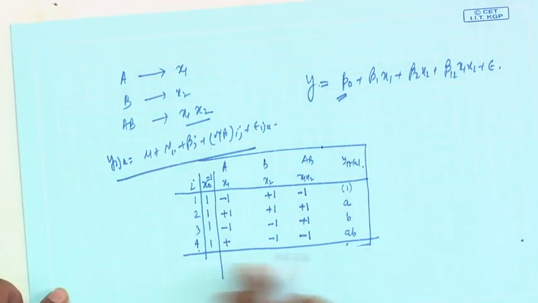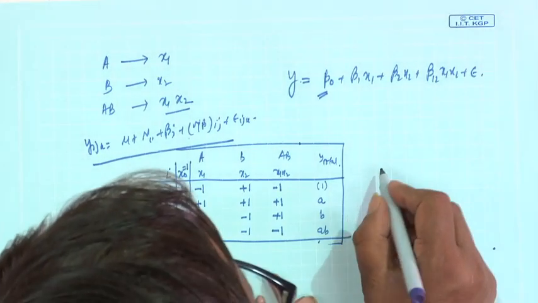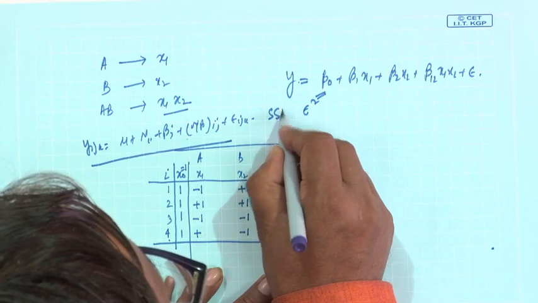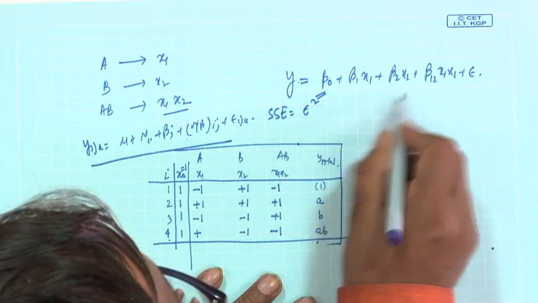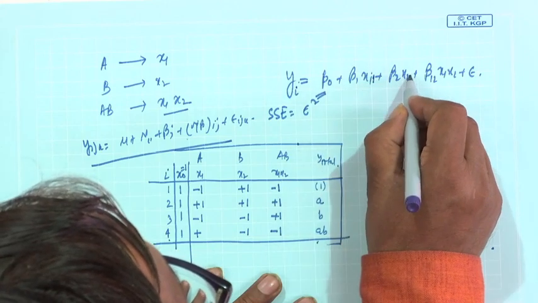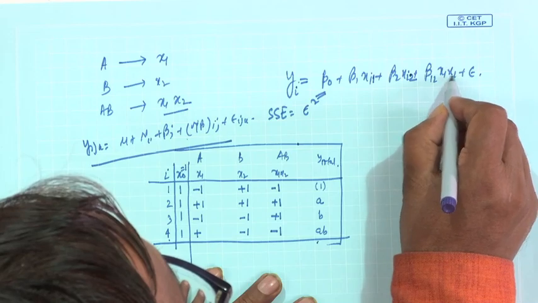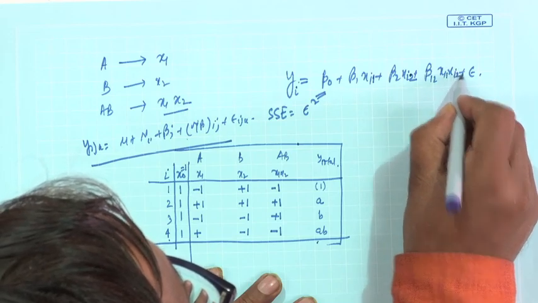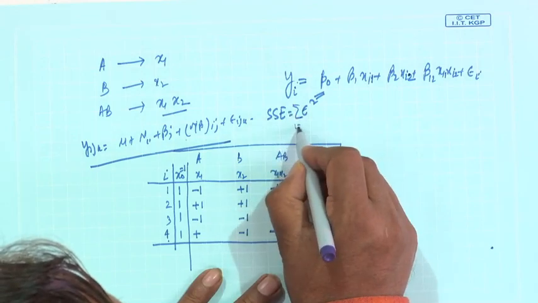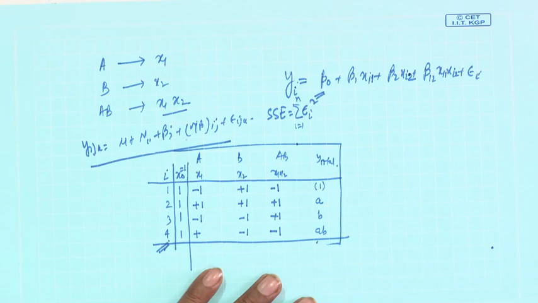Okay. Then you find out SSE, which will be the sum of epsilon squared. Here epsilon_i is indexed by i, so SSE will be the sum from i equal to 1 to n, here it is 4, of epsilon_i squared.